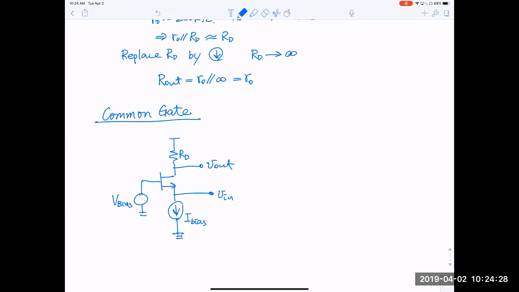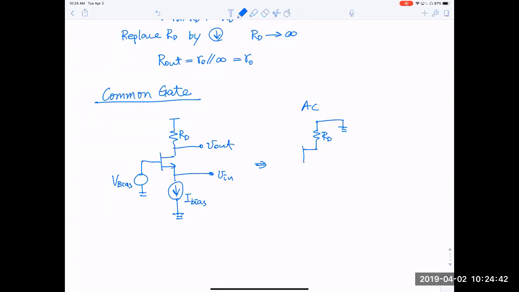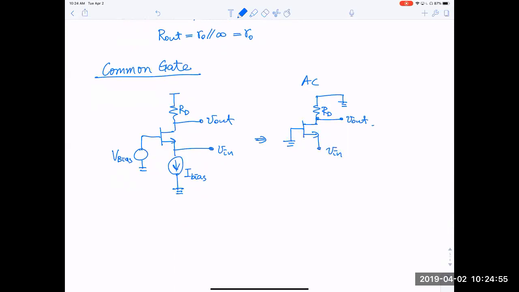But if you look at the AC equivalent circuit, RD goes to ground, and the gate also goes to ground, and this is open circuit, and this is basically just connected to Rin, and this is Rout, V out. So it looks like the transistor is hanging there. It is not hanging there. There's a closed loop. Just in AC, the impedance of the current source is so large that we can ignore it.